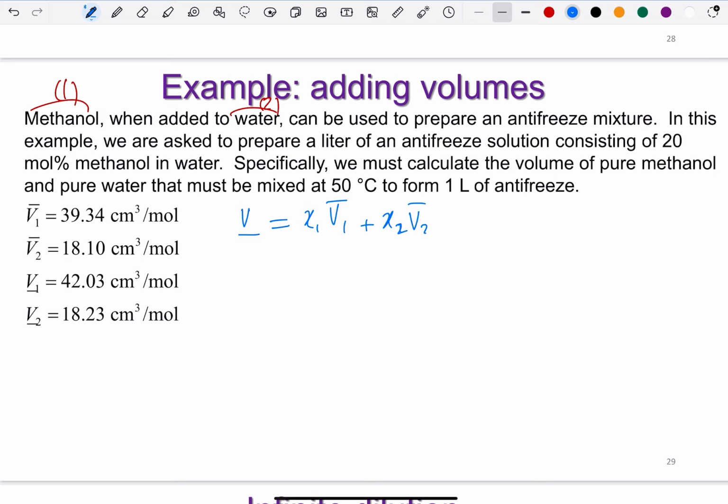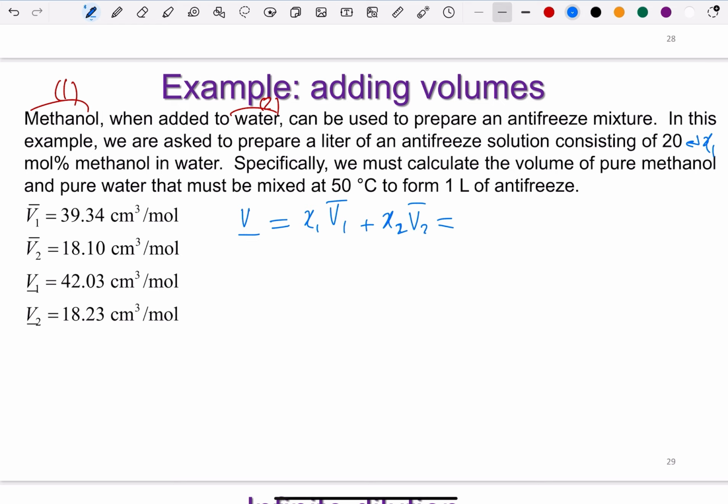That's the molar volume of the mixture. And I can calculate that because I know my x1 is 20% and x2 is how much? 80% in the mixture, right?